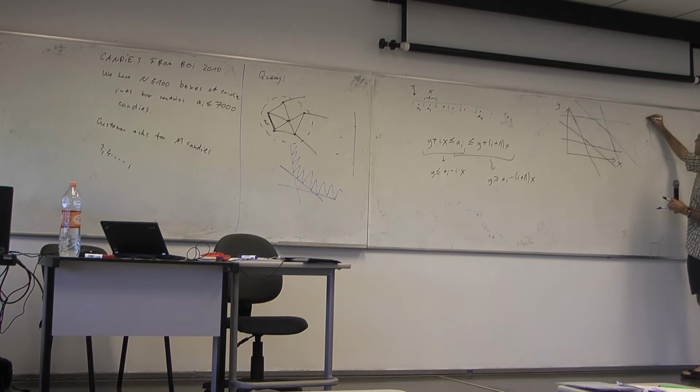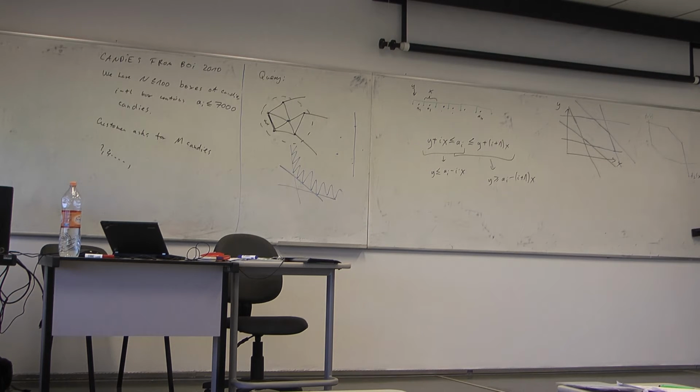Let's call this bound f1 of x. And the upper bounds look like this. Let's call this one f2 of x. Right? So we have to find some points which are between a convex function and a concave function.